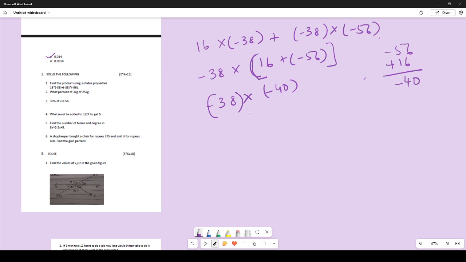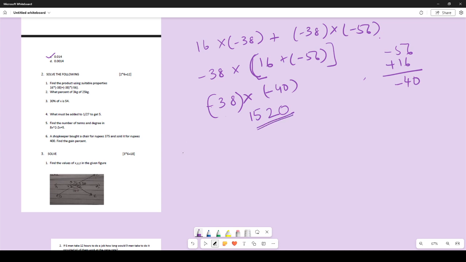So that makes the answer as 1520. Okay. So 8 4s 32, 4 3s 12, and 12 and 3, that makes it 15. So 1520, not minus, because this is minus into minus.